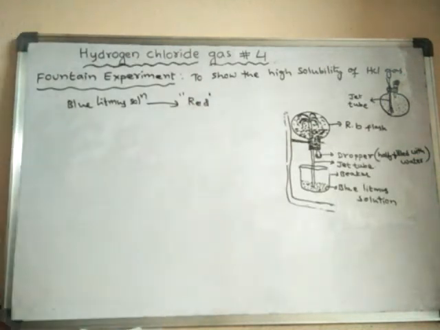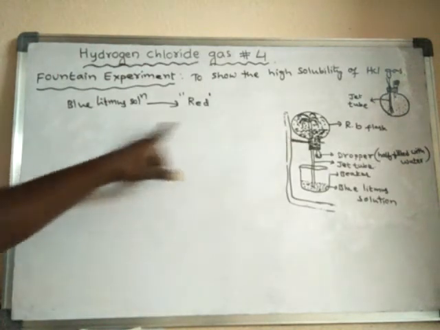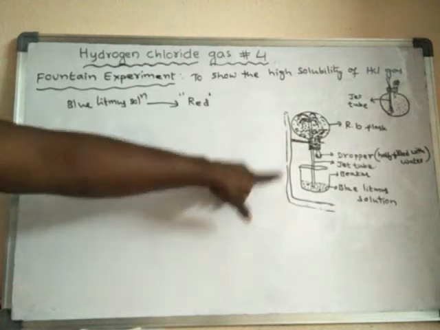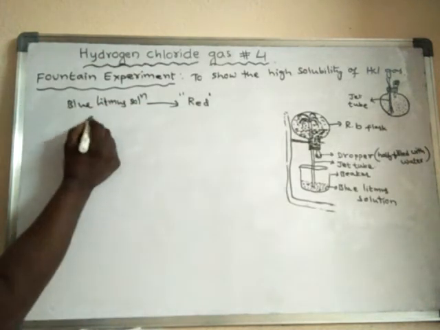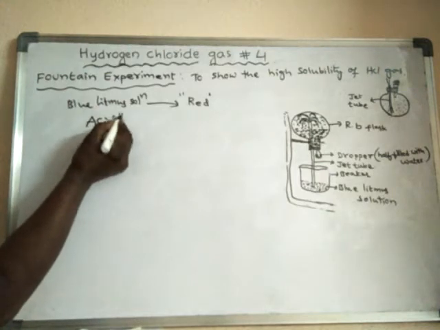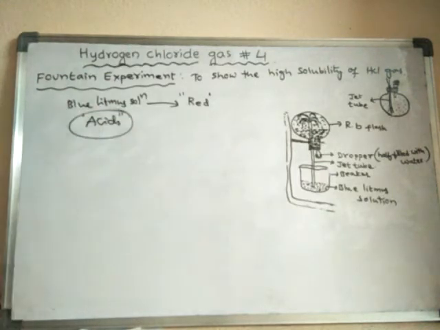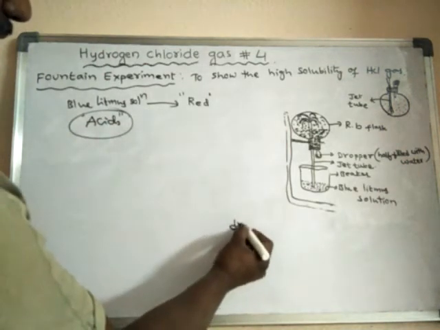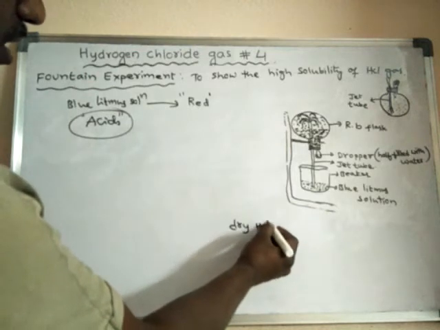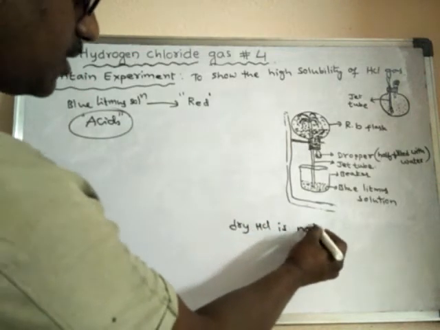Okay. So why is it turned to red? Because whenever acids act on blue litmus solution, they turn it red. Remember that dry HCl is not an acid.